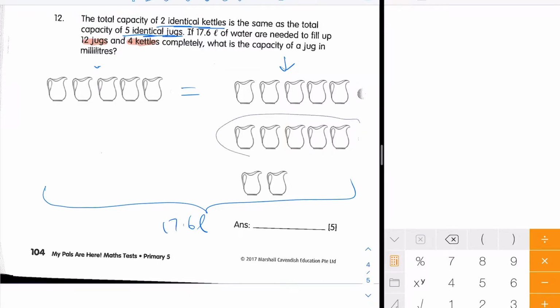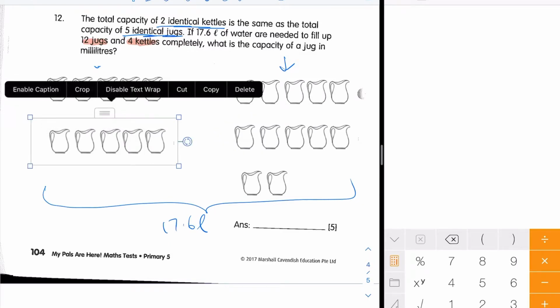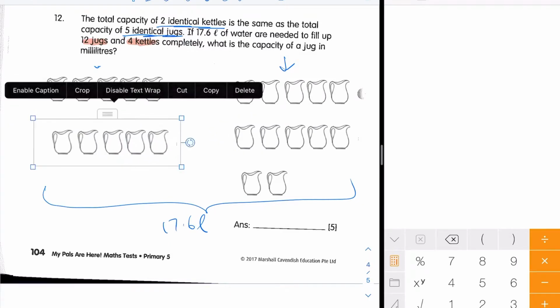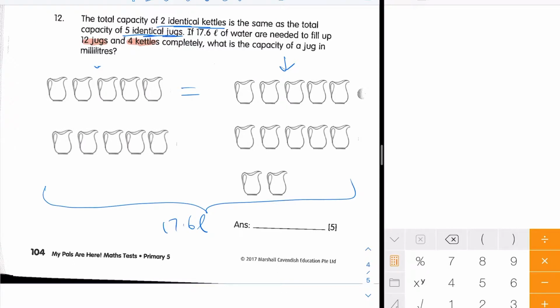So what used to be 2 kettles is now 5 jugs, and we can see that all together we have 5 jugs, 5 jugs, 5 jugs, 5 jugs, 2 jugs, for a total of 22 jugs, which have a combined volume of 17.6 liters.